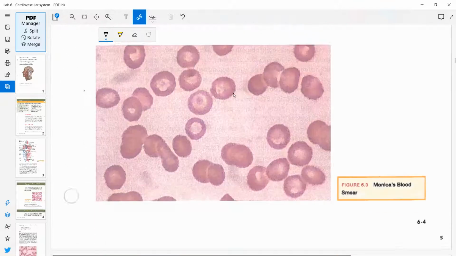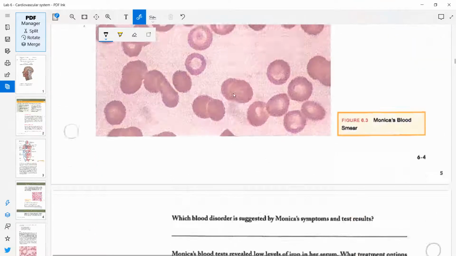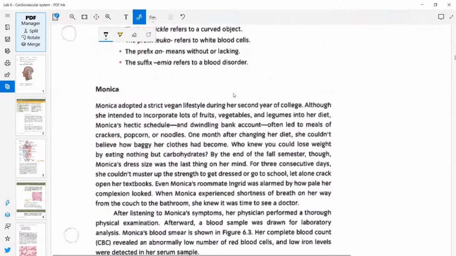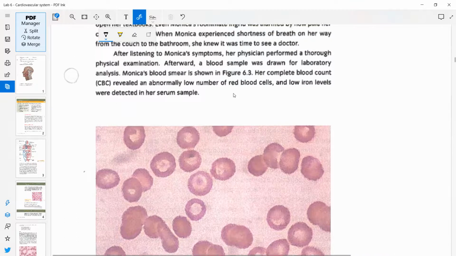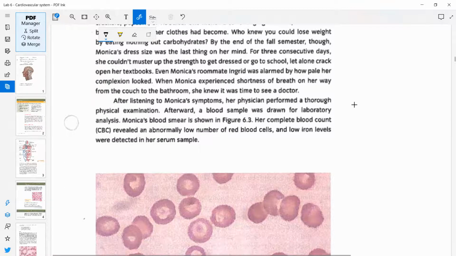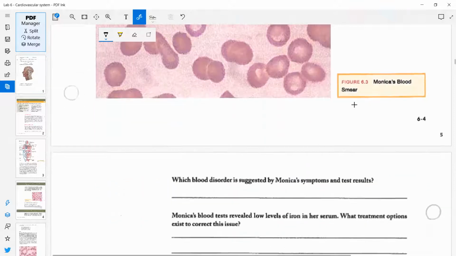So we're not going to talk about the pathologies. I mean, since it's kind of shorter, we can actually. So that's Monica, okay, and she has anemia, low levels of iron.